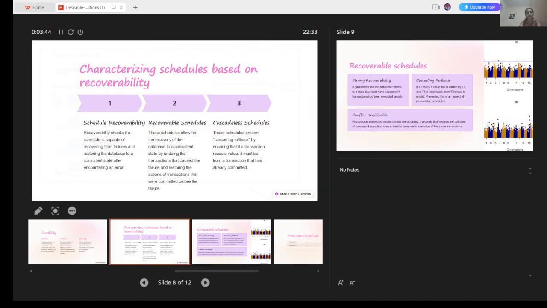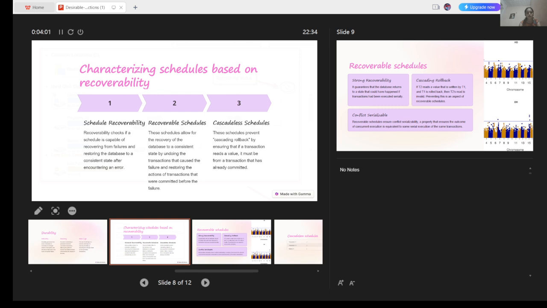Characterizing schedules based on recoverability. Firstly, schedule recoverability. Recoverability checks if the schedule is capable of recovering from failures, restoring the database to a consistent state after encountering an error.